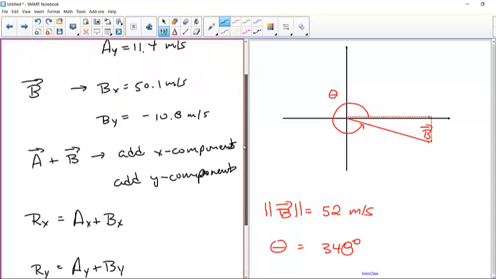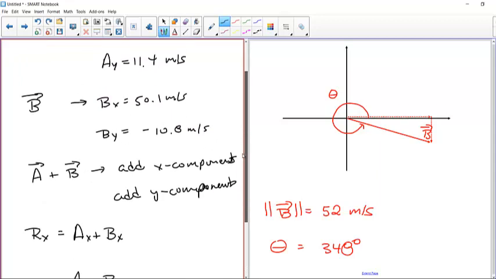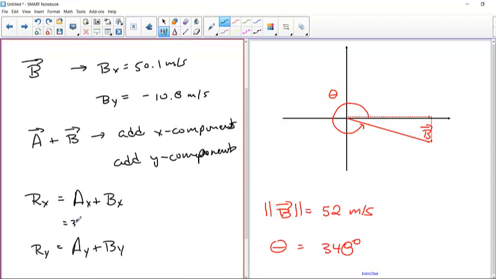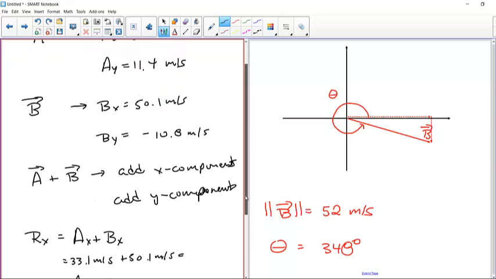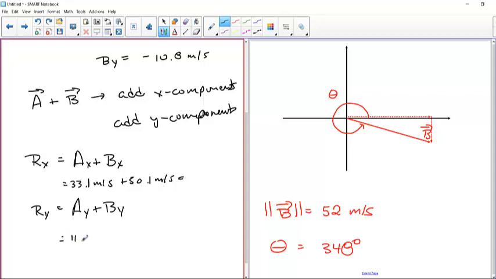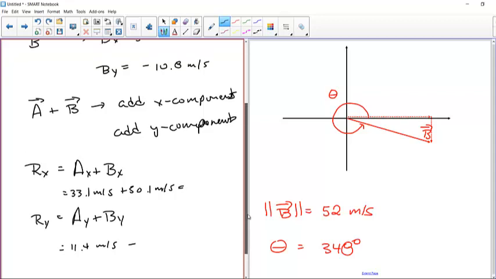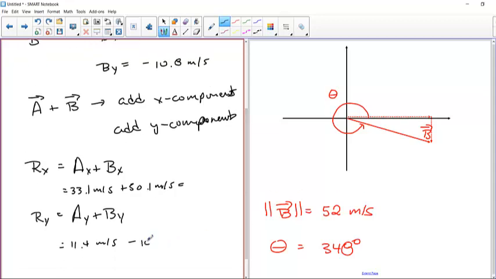So let's write these down here. A sub x is 33.1 meters per second. B sub x is 50.1 meters per second. And down here, A sub y was plus 11.4 meters per second, and B sub y was negative 10.8 meters per second.